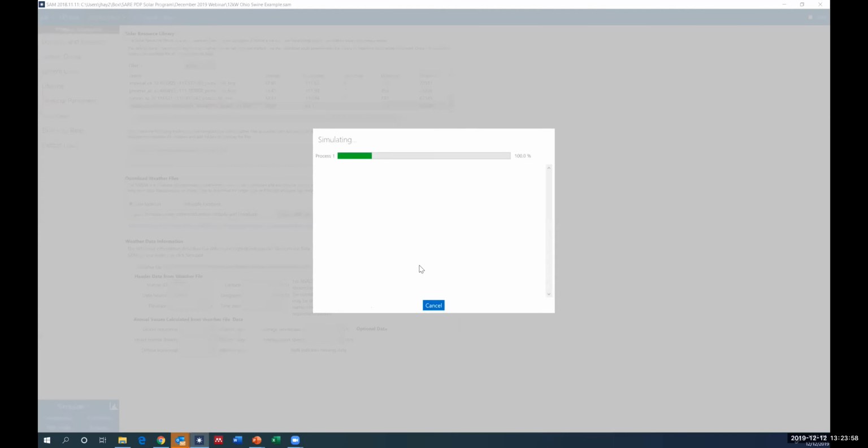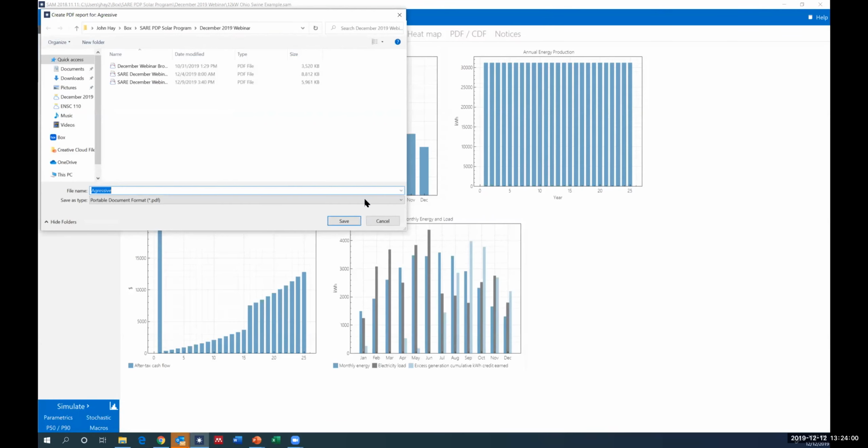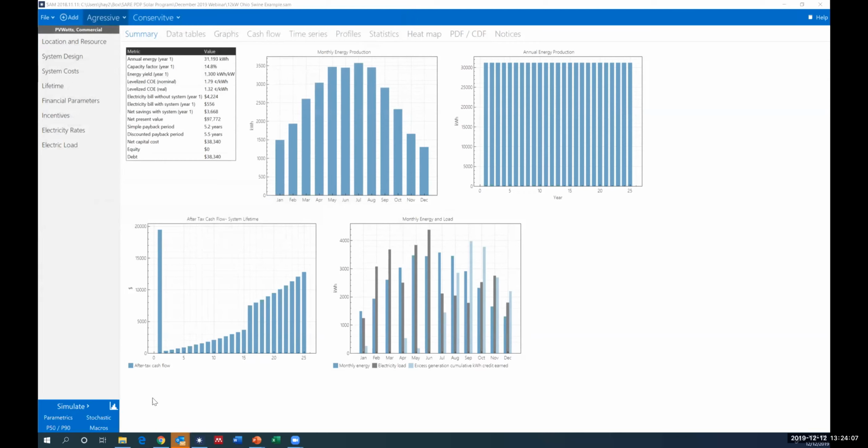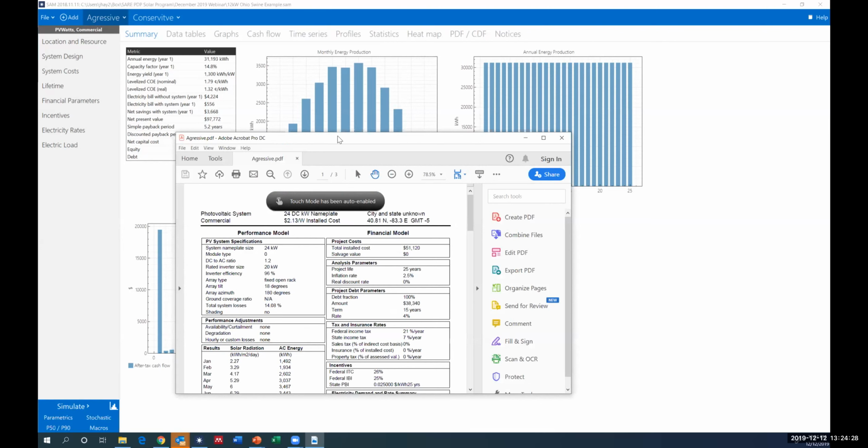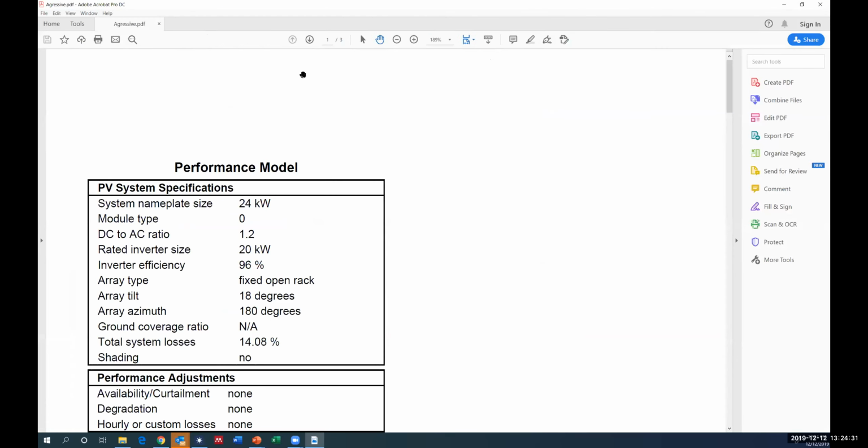So I'm going to create the report, and it's going to create a PDF report. So we'll go ahead and just put that right there, and then hopefully we can find it. It's opening it in my other screen here, and then I'll pull it over once it gets open. And it created a PDF report that then I can just send to a customer.